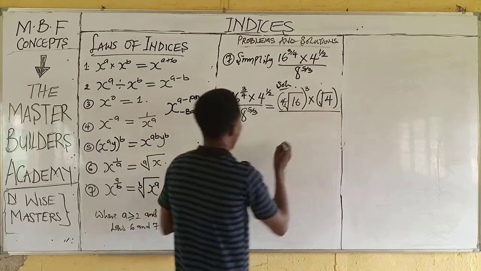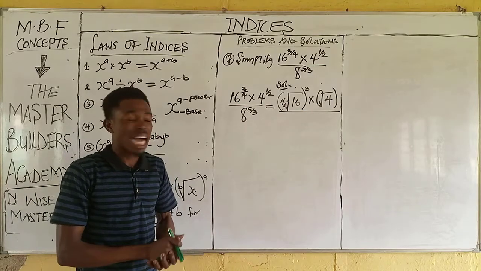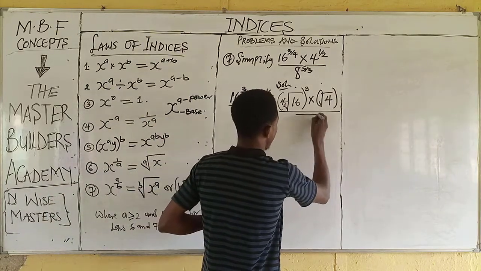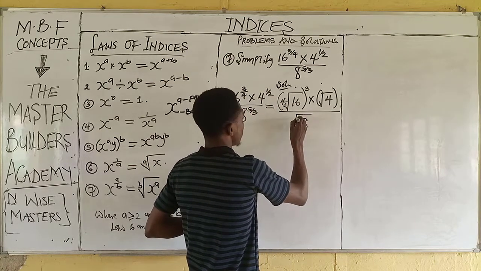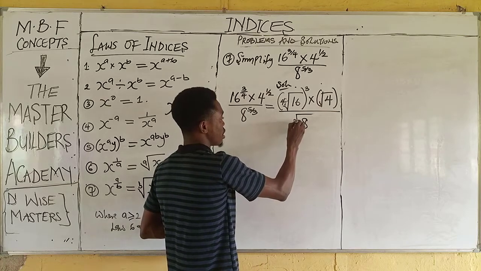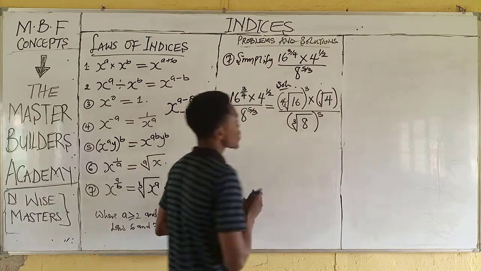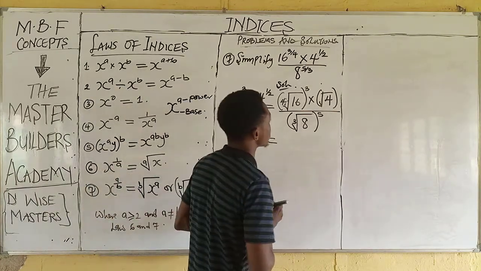Then all over, at the denominator, this also happens to be rule number 7. So all we need to do now is to create our root, then put down 8. Outside this root becomes the denominator, and the numerator becomes the power. As simple as this.